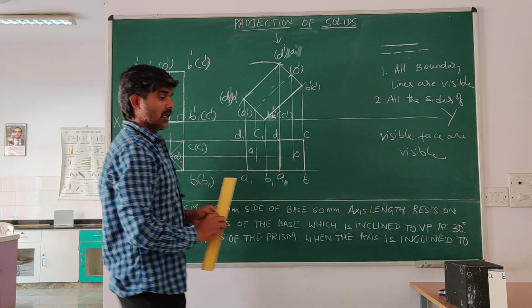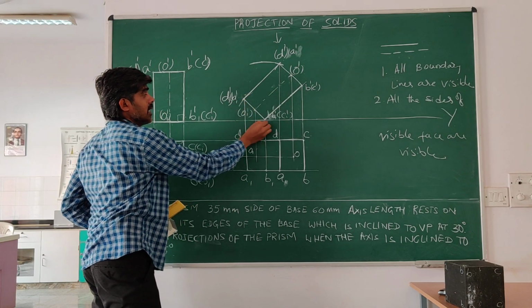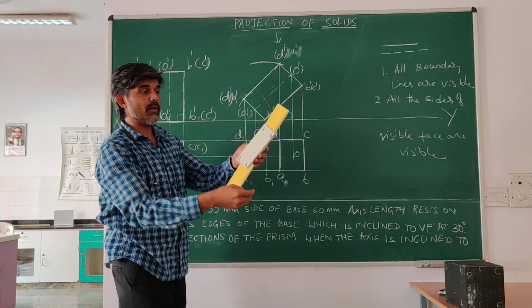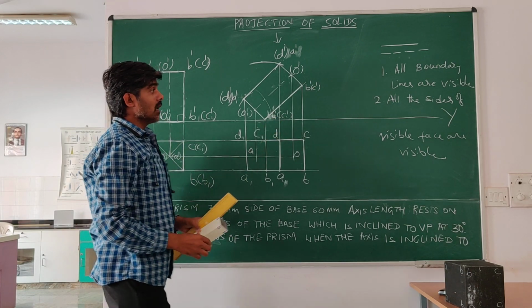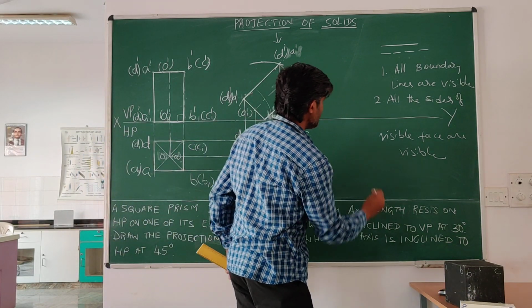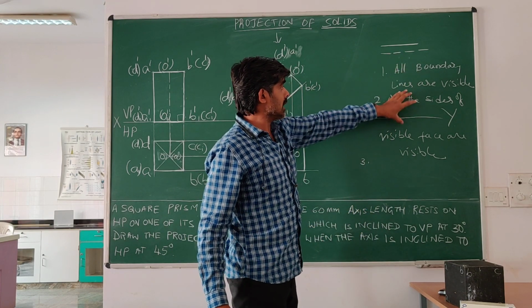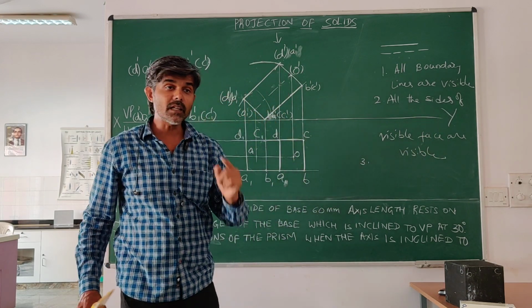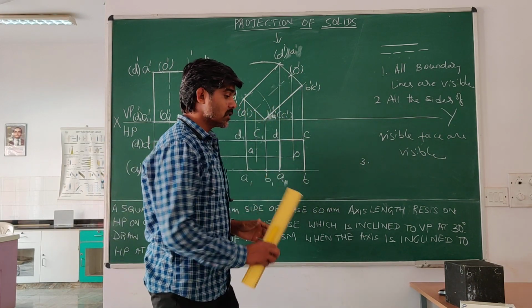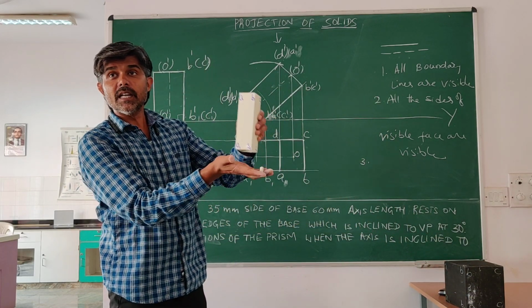Next, when the observer sees from here, this face is the hidden face. If you see from the top, this face is hidden. So the first rule is boundary lines, the second is the sides of a visible face, and next is the sides of a hidden or invisible face. Here in this problem, A1, B1, C1, D1 is the hidden face.